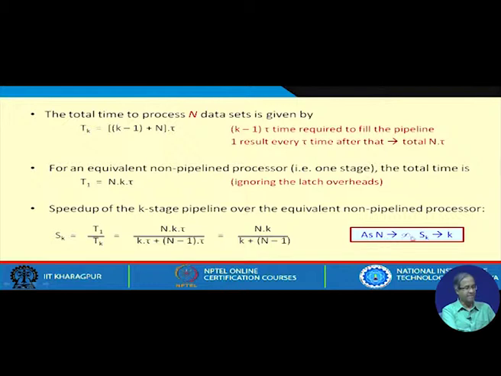As n becomes very large, this k by n and 1 by n tend to 0. Okay. So, the denominator becomes almost equal to 1 and in the numerator you have k. So, speed up tends to k. So, this simple expression tells you that we can achieve a pipeline speed up of maximum k as n tends to infinity.